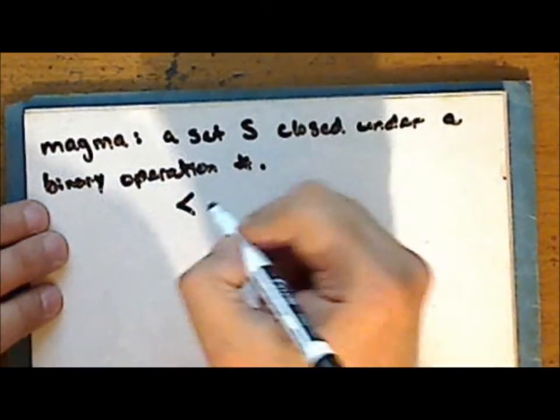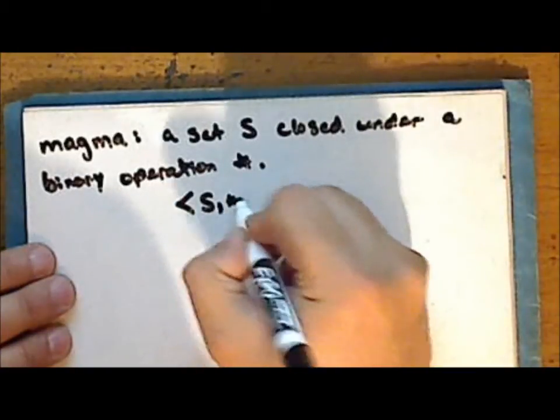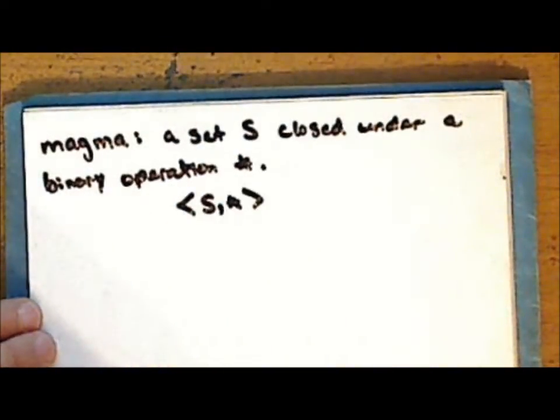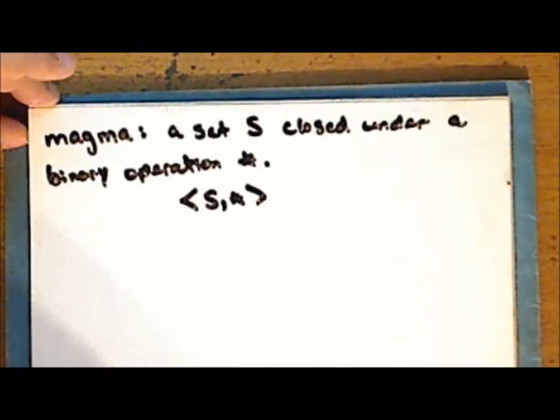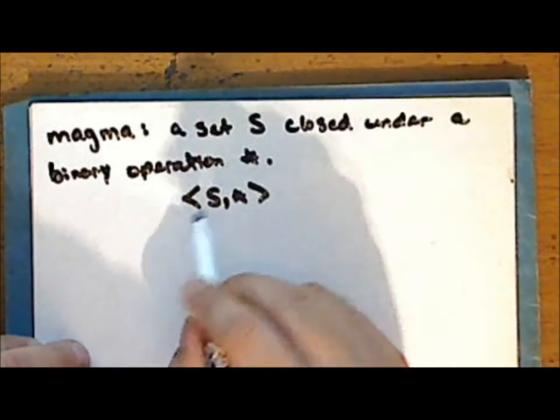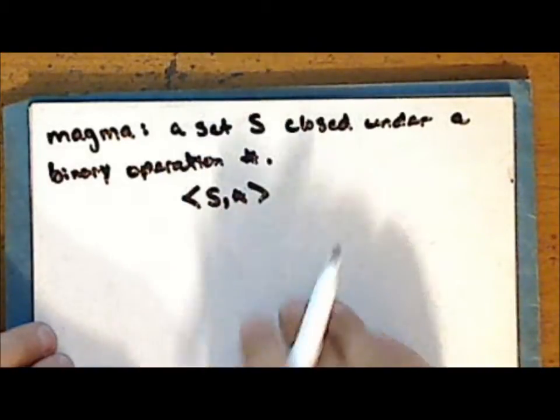Recall that to indicate that it is a structure, we group the set together with its operation enclosed in angular brackets. Now in this lecture we're going to begin to look at more complicated structures based on additional properties that the binary operation may have, or whether or not the underlying set contains certain elements.